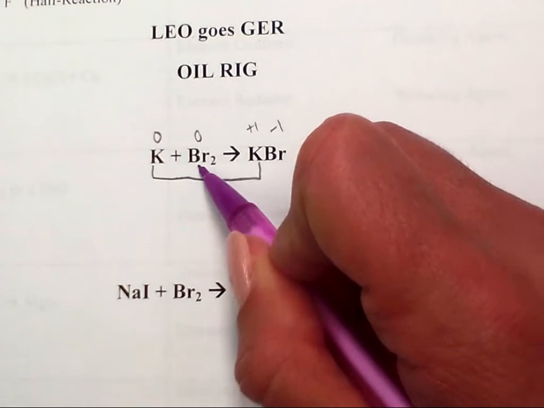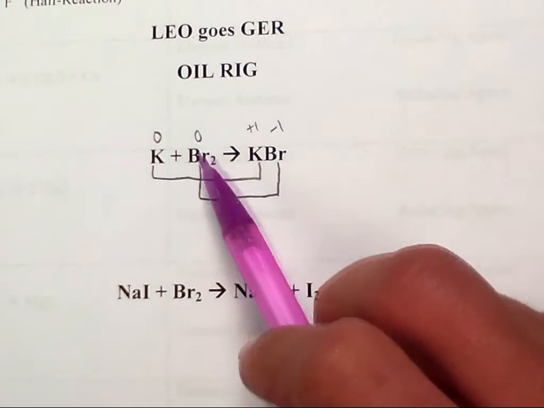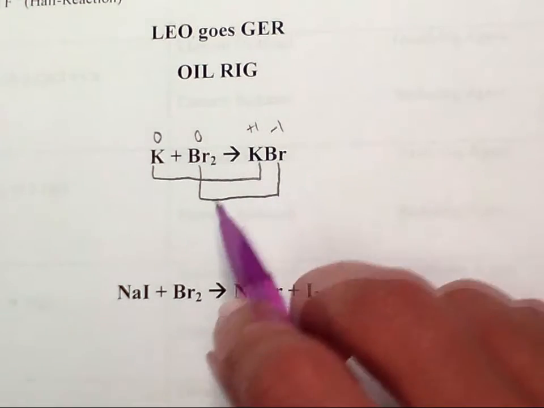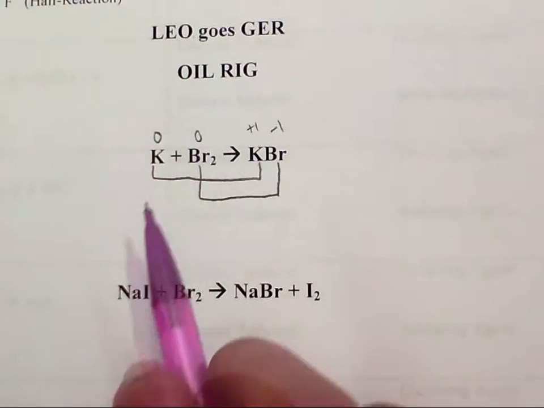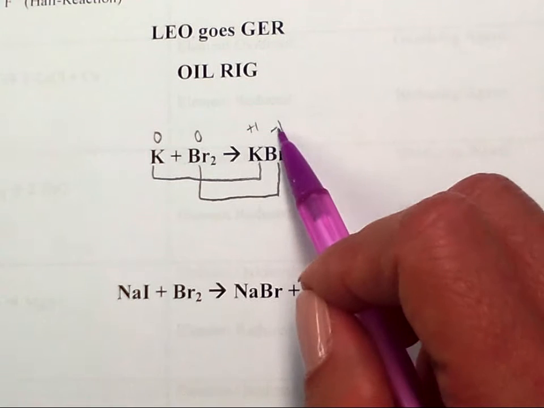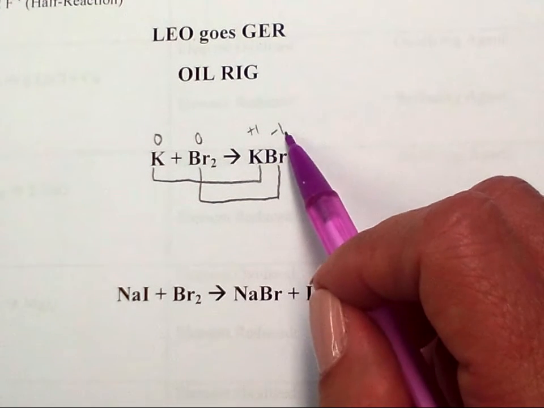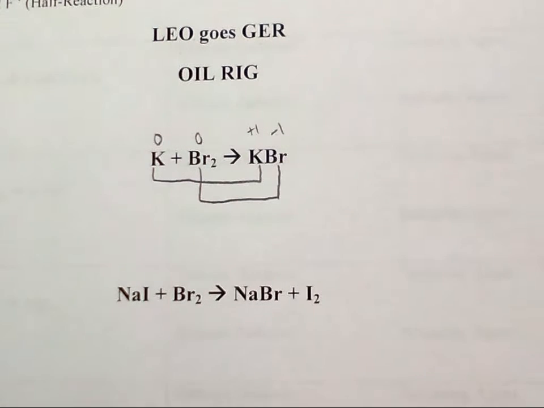And it becomes obvious when you look at the negatively charged one, in this case, because you can see how bromine had no charge and now it has an additional negative charge. What happened to the electrons? Well, they were gained. This is a gain of electrons to go from 0 to -1.